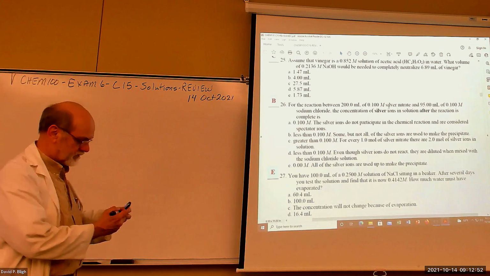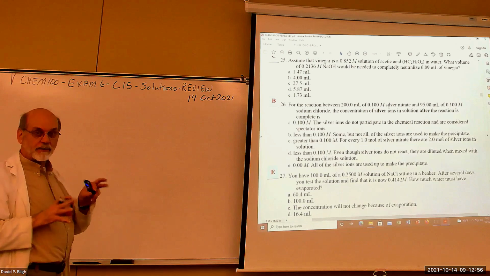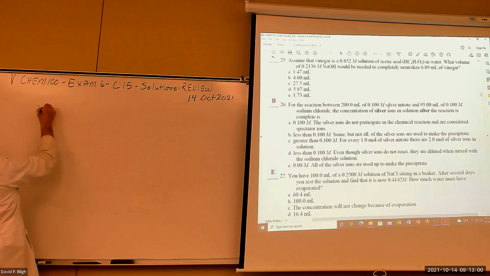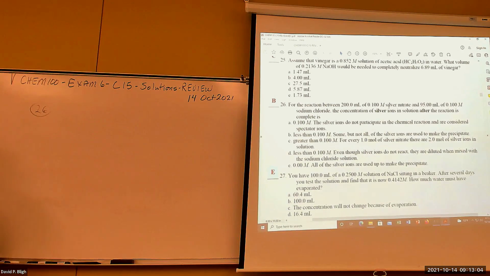All right, we're going to have to write the equation and check our limiting reactant, just like we did before. Let's try that.